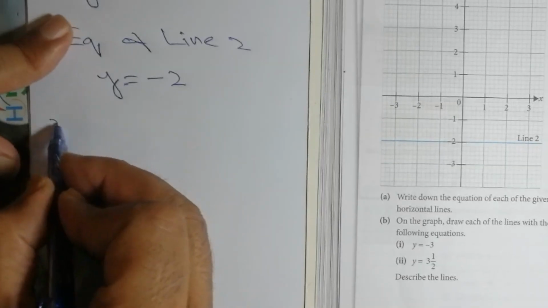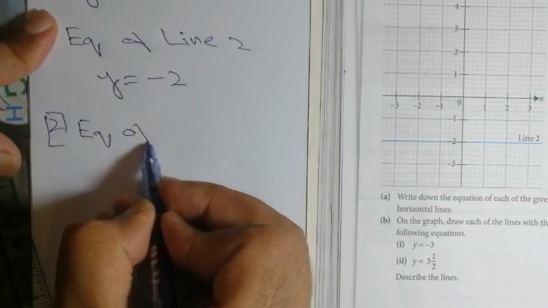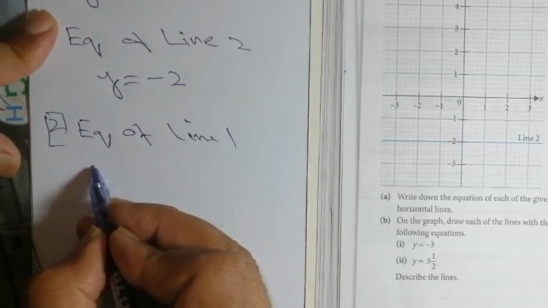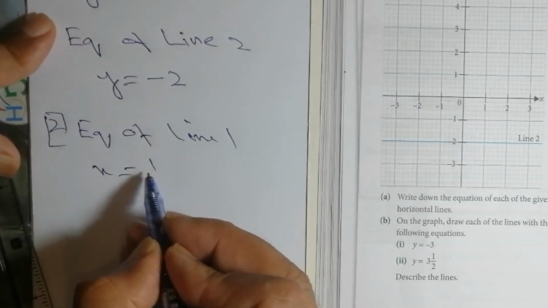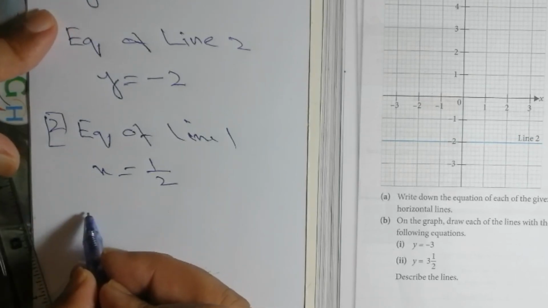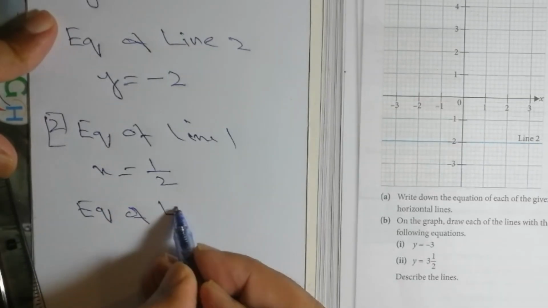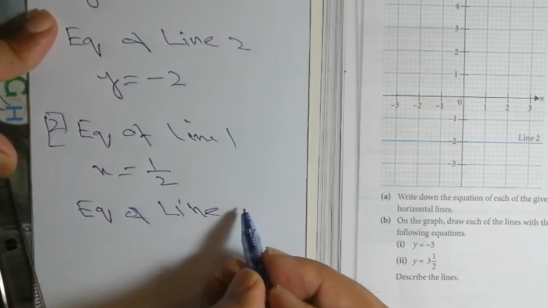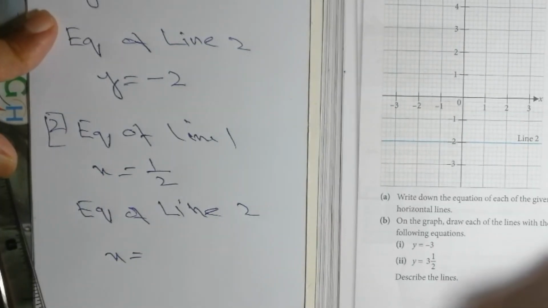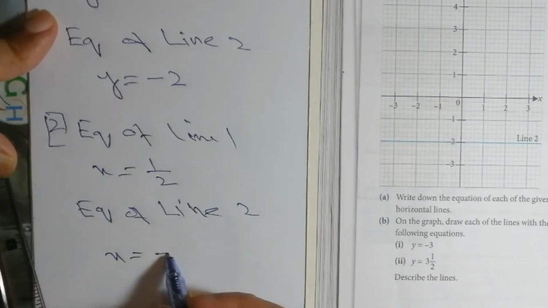So for question number 2, the equation of line 1 is x equal to 1 by 2, and the equation of line 2 is x equal to minus 2.